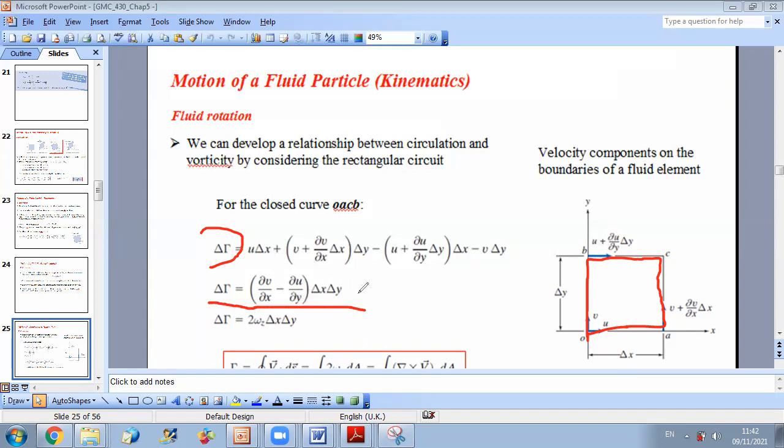And if we go back to the definition for a 2D flow, if you apply the relation of angular velocity, you will see that this term represents 2 omega Z. Okay, let us remember how. Let us go back to this definition here.